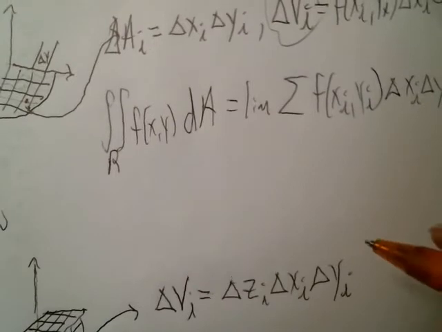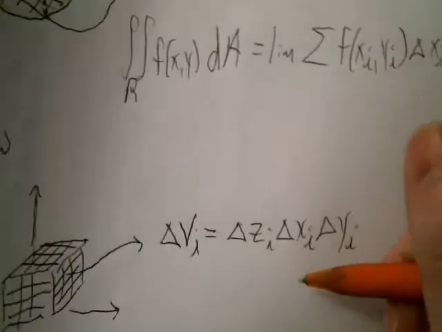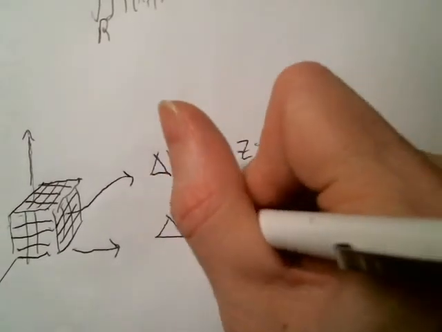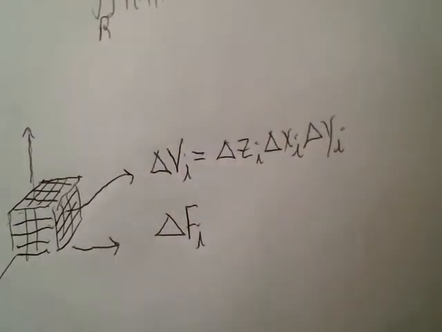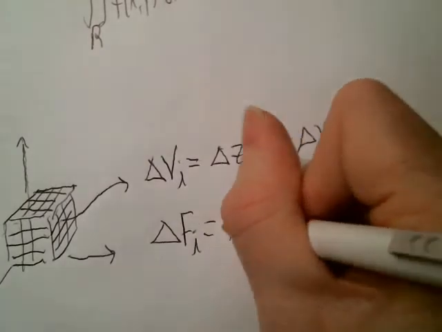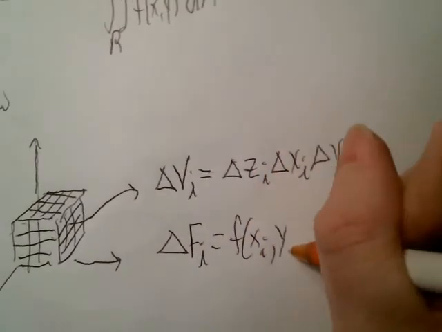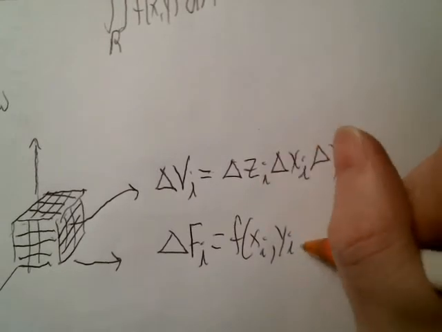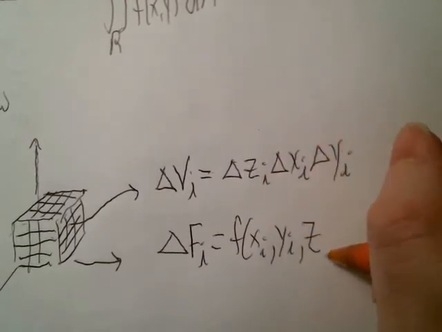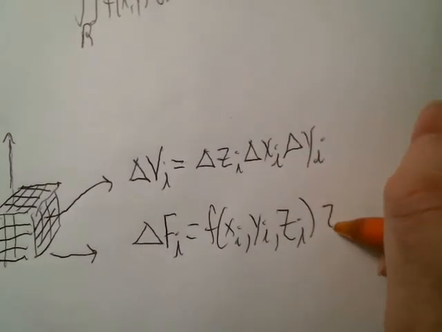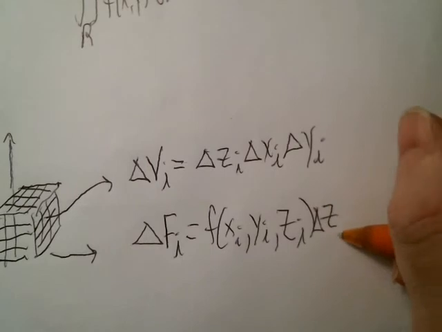But we're going to be more ambitious, right, and attach another factor to it. And then maybe we could call this delta f sub i for the fourth dimension. We can attach some, maybe like I said in the previous section, a temperature value to every xyz point in space, and then multiply it by this volume increment.